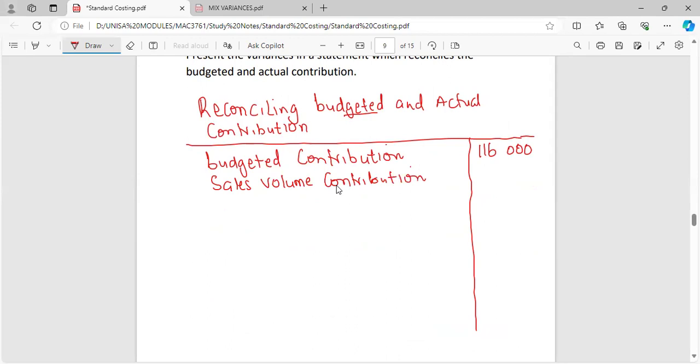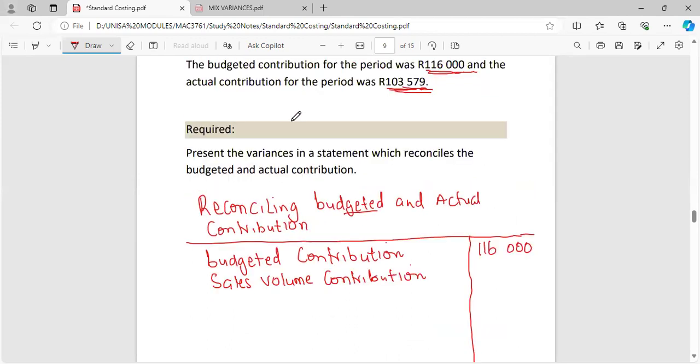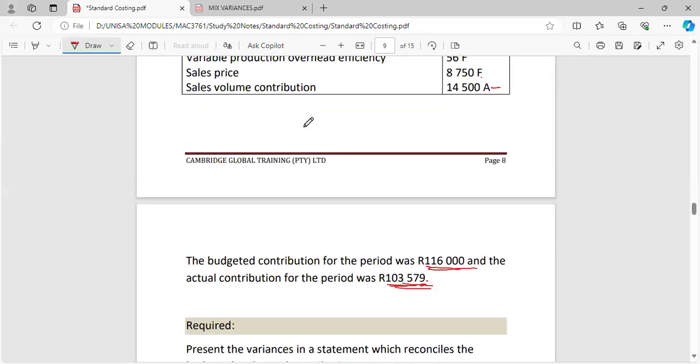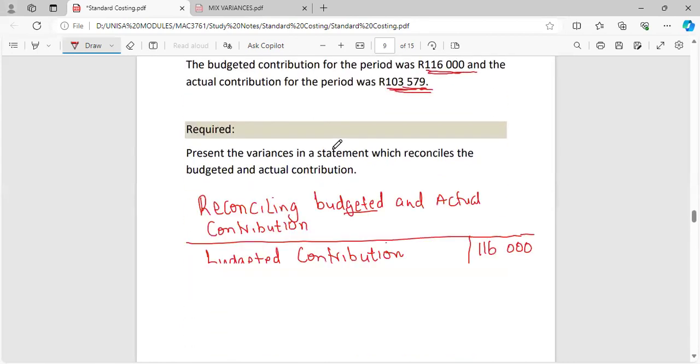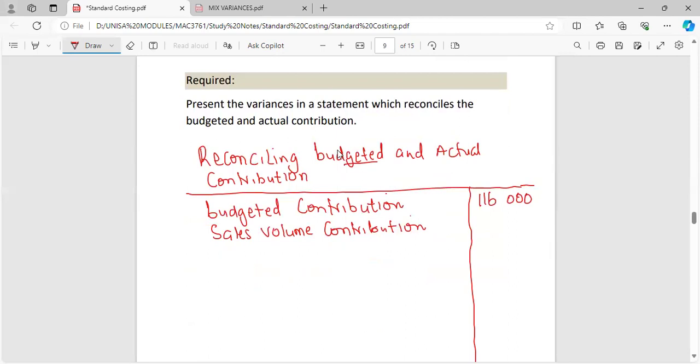Our sales volume contribution is adverse, that is 14,500 adverse. So you need to subtract it.